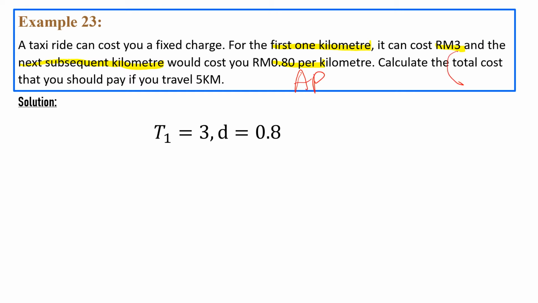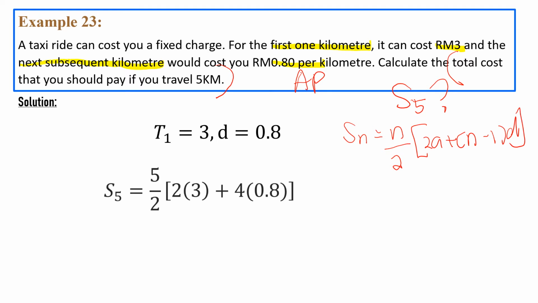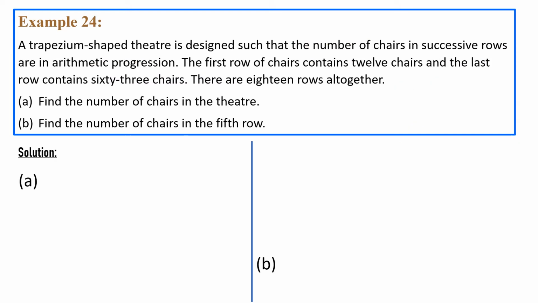To calculate the total cost if you travel 5 km, we need to find S5. The formula of Sn is n over 2 times (2a plus (n minus 1) times d). Substitute all the values and we get 23, which means that the total cost is 23 ringgit.